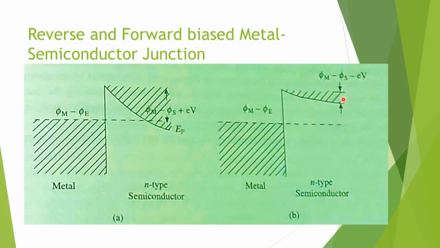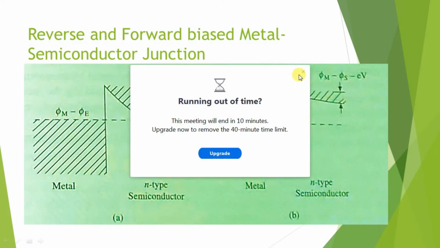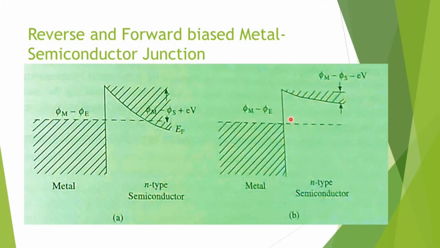So this barrier height will reduce, and it is easier for electrons to travel towards the metal. However, the flow from the metal remains the same. This is called forward biasing a metal semiconductor junction. So this is the case of variation in the potential barrier due to the applied potential difference.